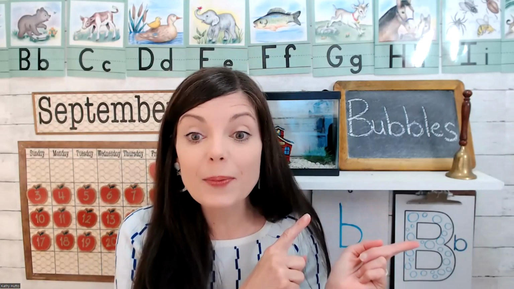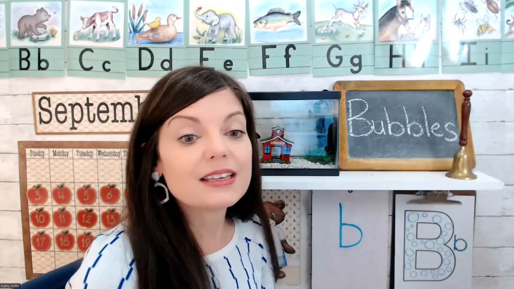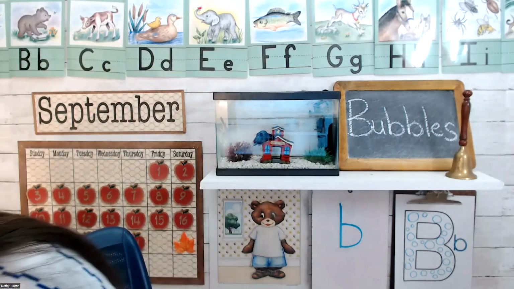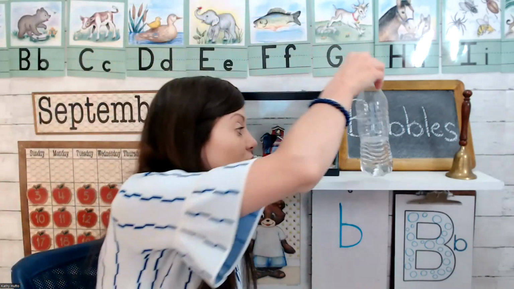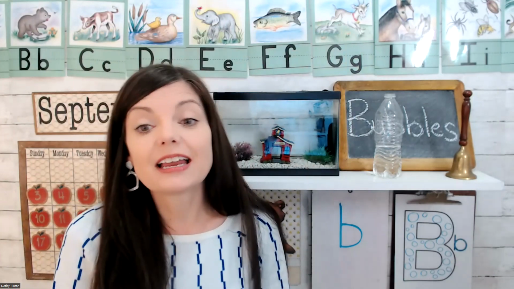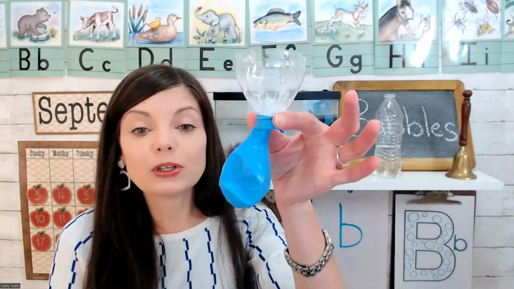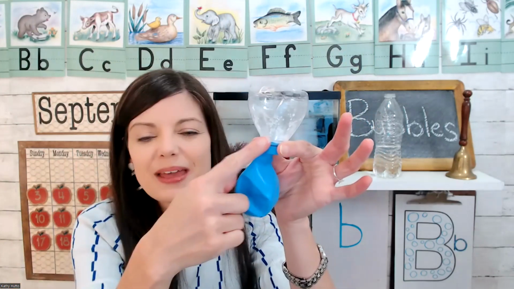Well, it is time for us to do something fun for science. We're going to blow bubbles. I have a bottle with some vinegar. It looks like water, but that's vinegar. I just used an old water bottle and I put vinegar inside. And then I have this balloon and I used another old water bottle to make a funnel.